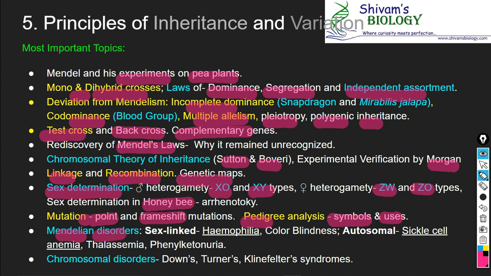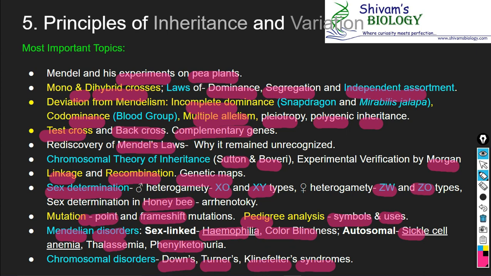Mendelian disorders, various types of Mendelian disorders like hemophilia, color blindness, and other autosomal disorders like sickle cell anemia, thalassemia, phenylketonuria are important. Chromosomal disorders like Down syndrome, Turner syndrome, Klinefelter syndrome. So these are the important topics from this chapter.